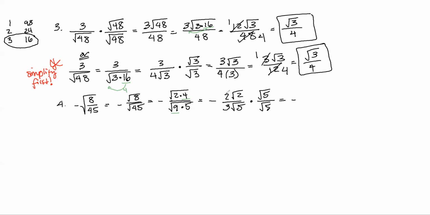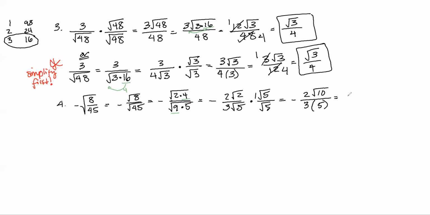Now on the top, this 2 is the only whole number out in front, or 2 times 1, which is 2. And then square root of 2 times square root of 5, we multiply, so square root of 10. And on the bottom, we have 3 times square root of 5 times square root of 5 is 5. So just don't forget to multiply that 5 by the 3 that was already out in front.